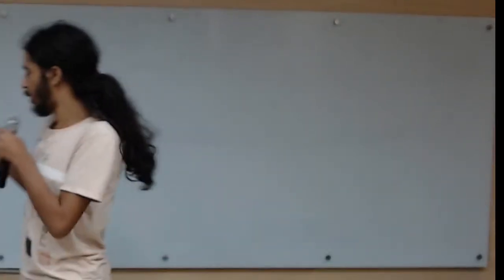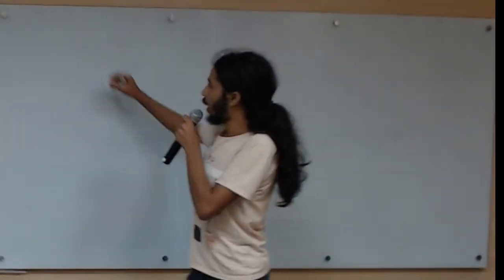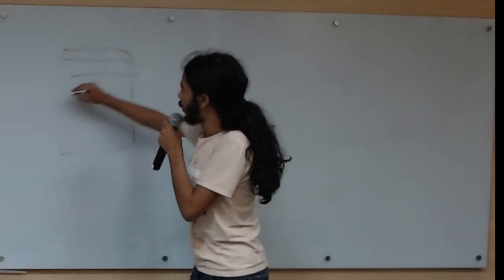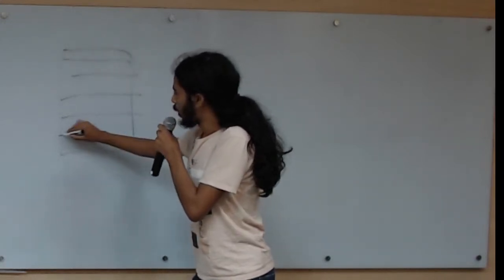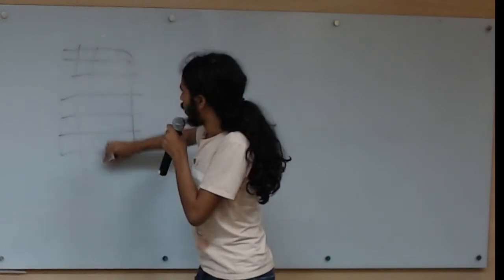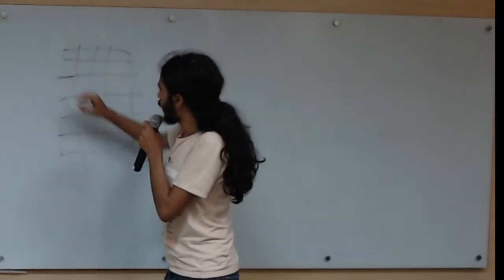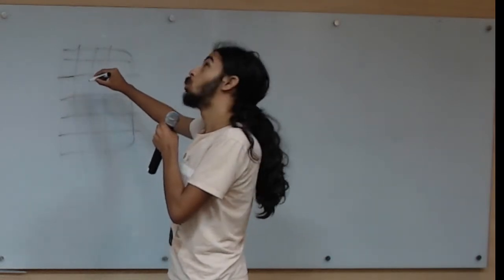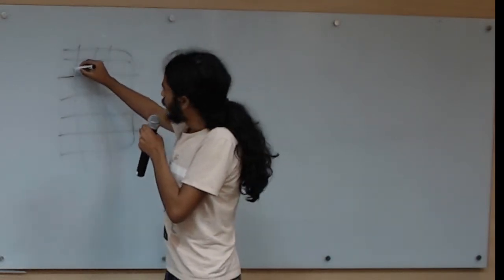Okay, so the statement was that you had a grid where each tile of the grid was one of different types, either 12 or 13.